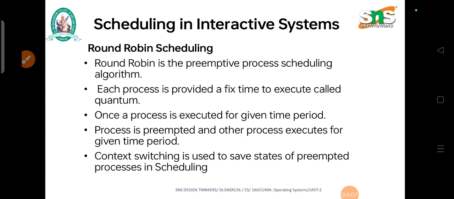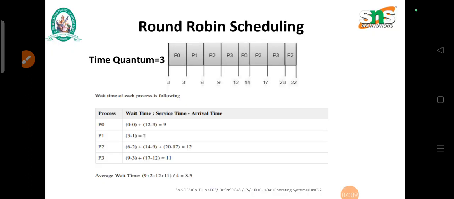This is an example of round robin scheduling where we have different processes like P0, P1, P2, P3, and the time quantum allotted for each process is equal to 3. So the average waiting time is 8.5 in the round robin scheduling.